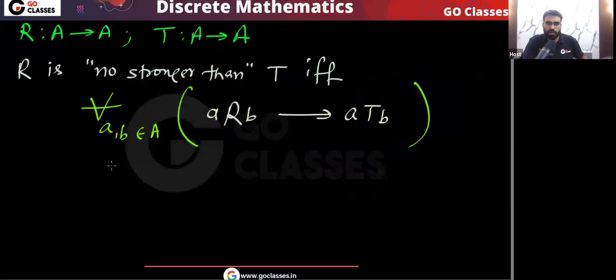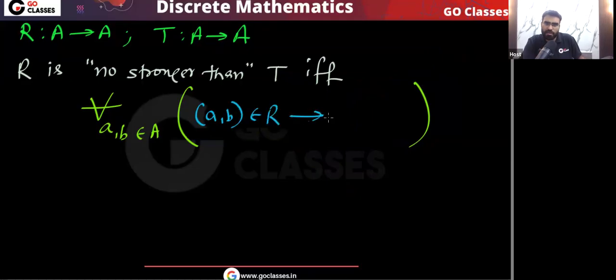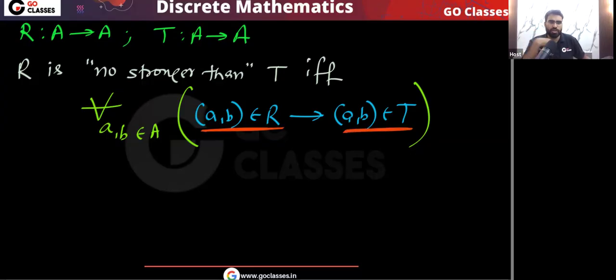Now this same definition, I can also write like this: A R B implies A T B. I can also write that if (A, B) belongs to R, then (A, B) belongs to T. Is this clear? Very simple. What we are basically saying is that for all A, B in our base set, if this pair belongs to R, then this pair also belongs to T.